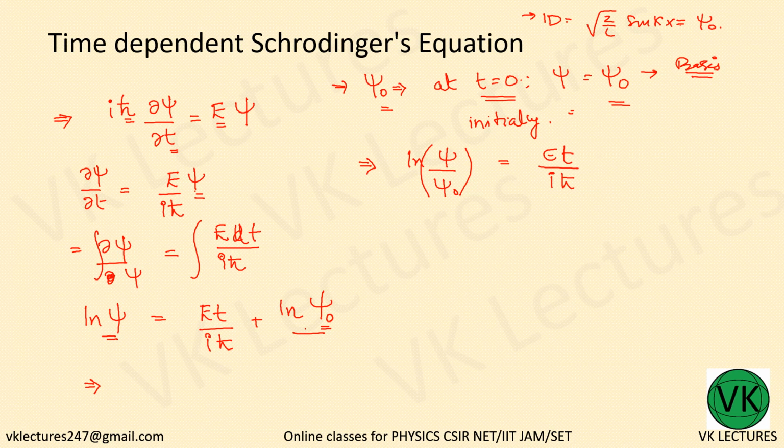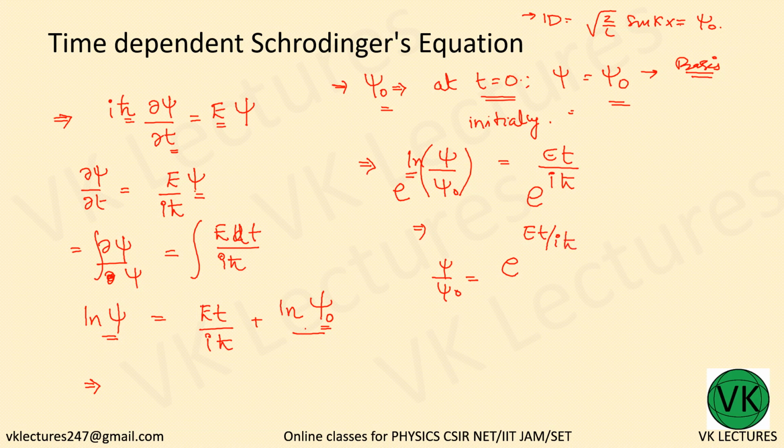Now how will you remove this log? Just express it as e to the power something. So ψ divided by ψ naught is equal to e to the power Et divided by iħ.